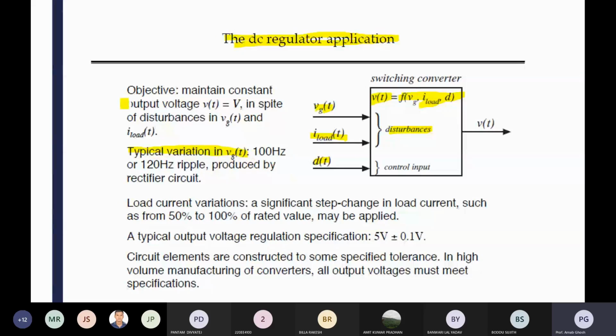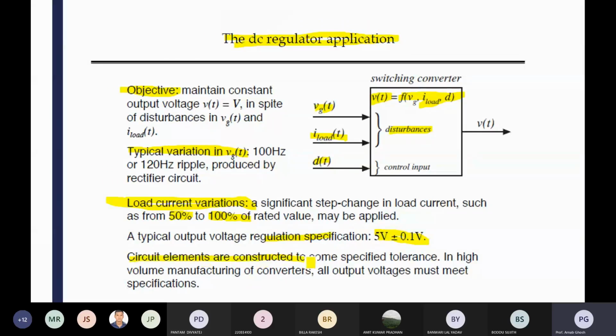So that portion covers input variations, how you give them, and then the objective of these regulations. In load current variation, you can change the load impedance or load resistance from 50% to 100% to check the stability of your system. A typical output voltage regulation specification is 5 volt plus or minus 0.1 volt.